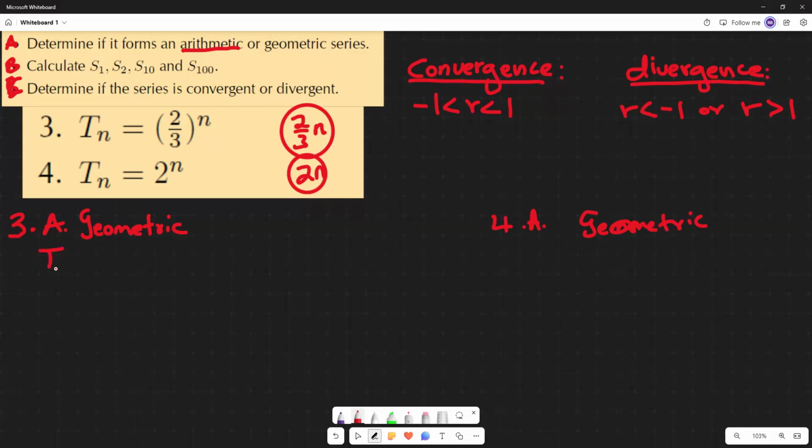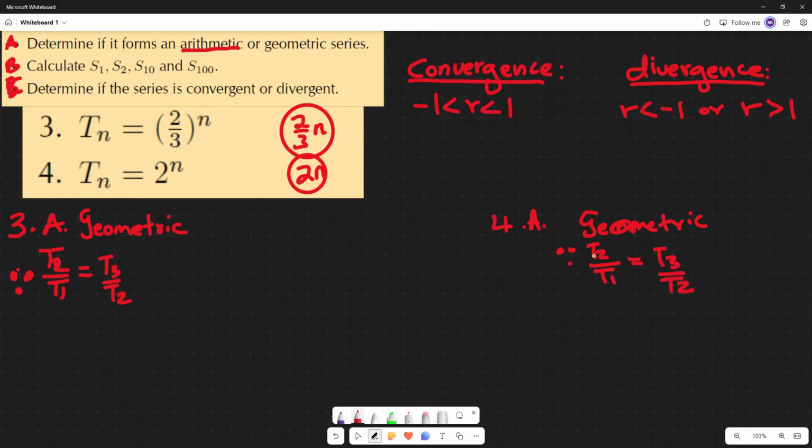To give a reason, you need to always show that T2 over T1 is the same as T3 over T2. That is the reason, because, therefore. The symbol for because is this, the upside down therefore.